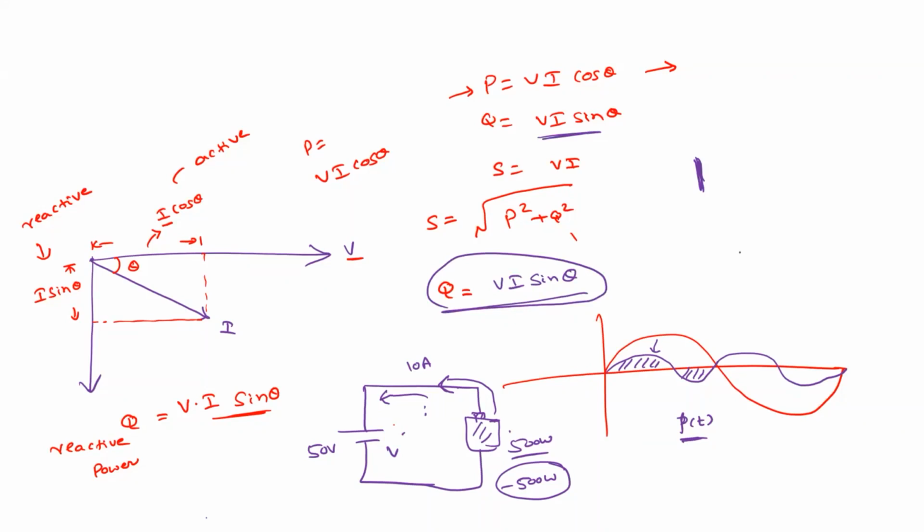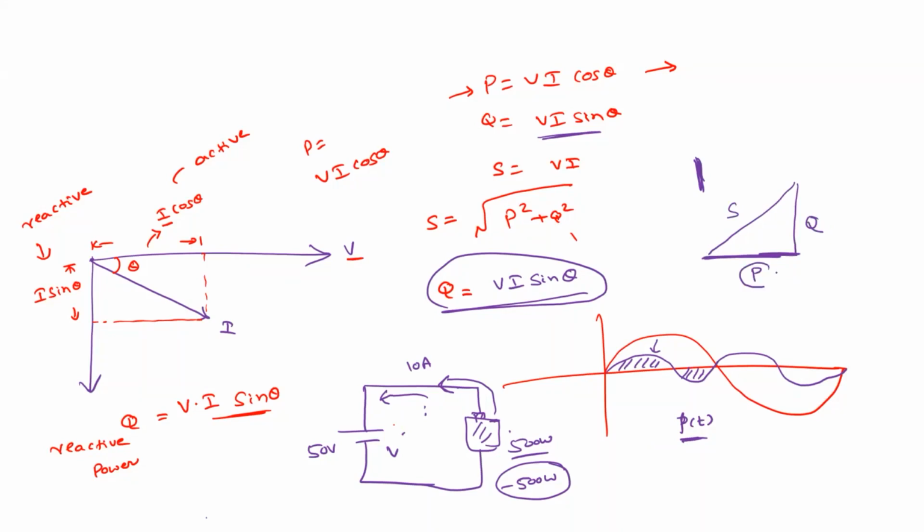It will be simply like this. So we have this active power P here and reactive power Q here, and it will be S. So this is known as the power triangle.